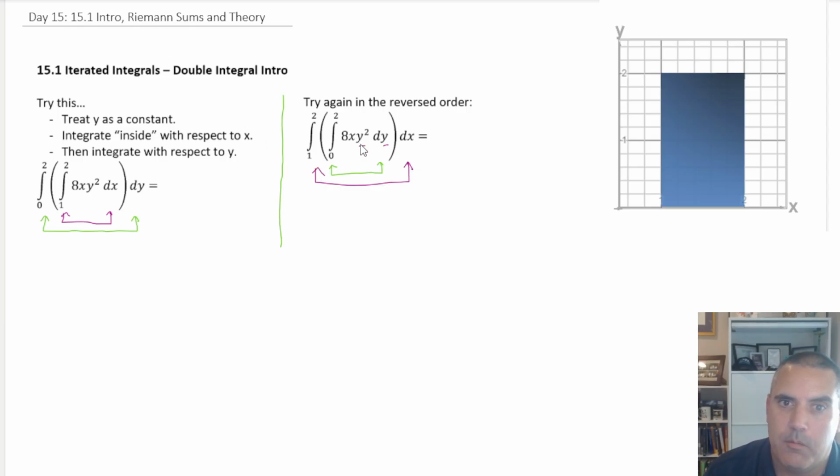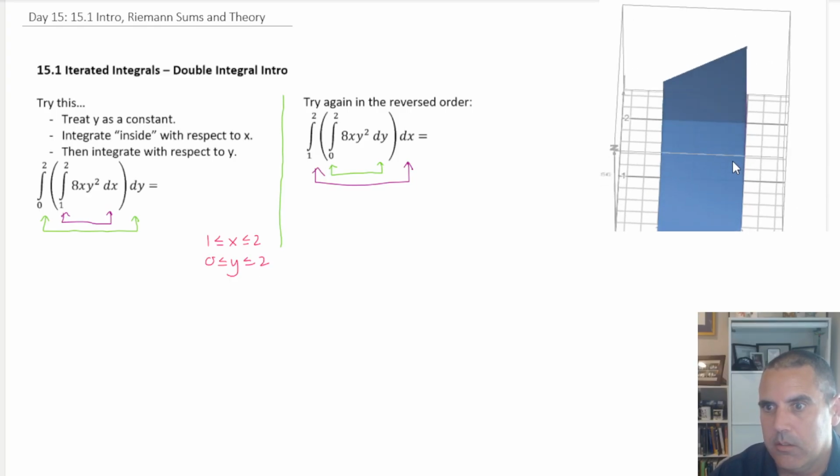The punchline is these two things are the same, and it turns out they represent the volume between the rectangle you get when you consider all the values where x is between 1 and 2, and all the y values you get when y is between 0 and 2. It's this rectangle you're seeing on the right of the screen.